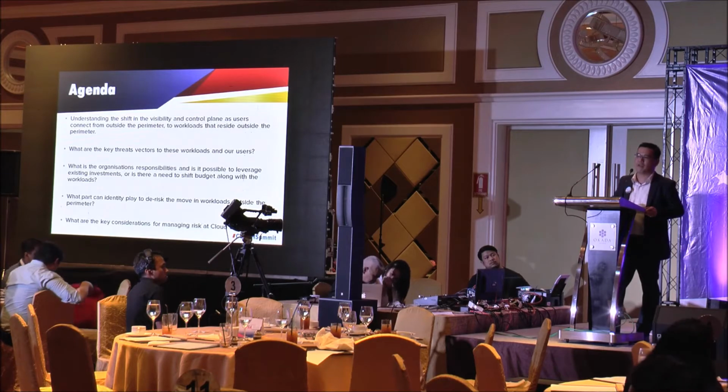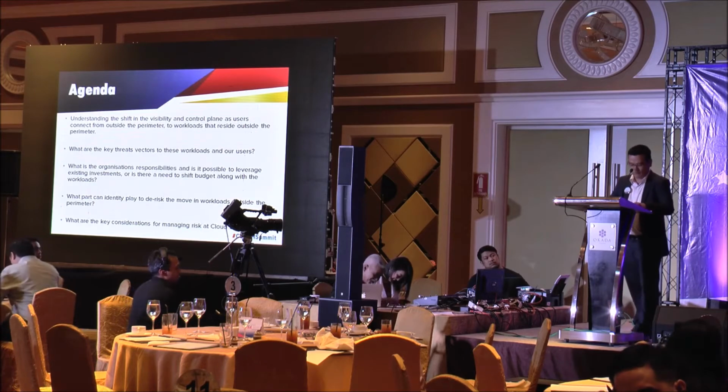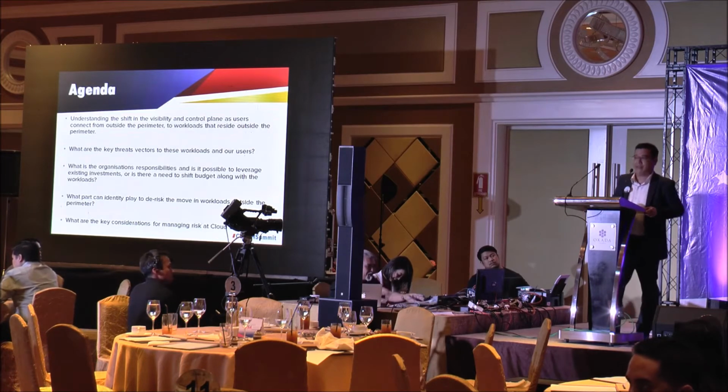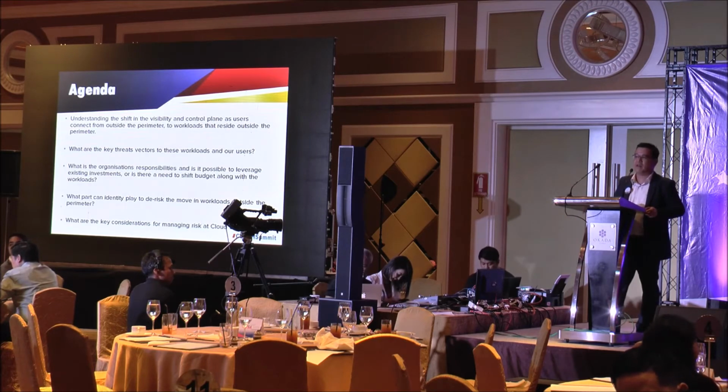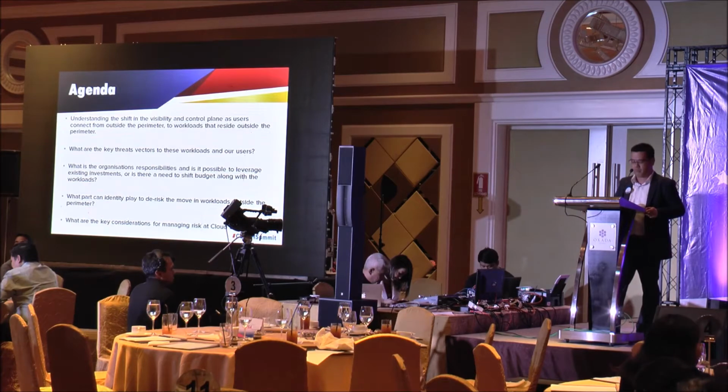So once we adopt cloud applications, what are the key threat vectors that we need to look at? And we also need to understand that it is the responsibility of the organization to protect the user, the activity, and the data that resides in the cloud environment.